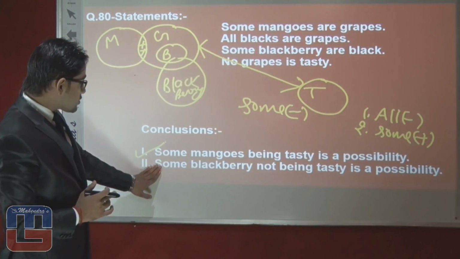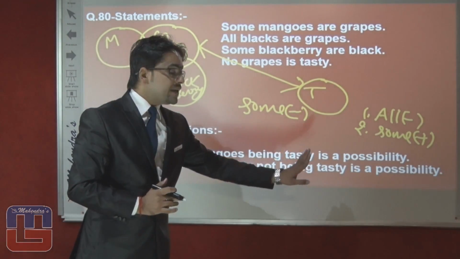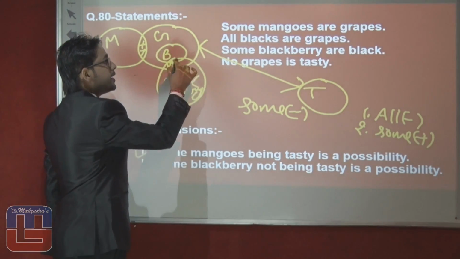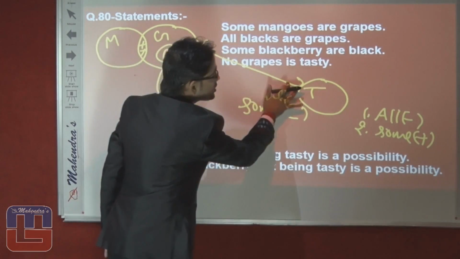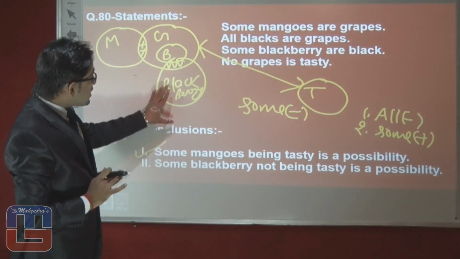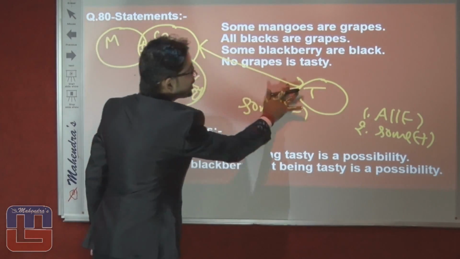Let's proceed towards the next conclusion, which is saying some blackberry not being tasty is a possibility. You can see here some blackberry are black and all grapes are not tasty. If all grapes are not tasty, it means some part of blackberry is not tasty.